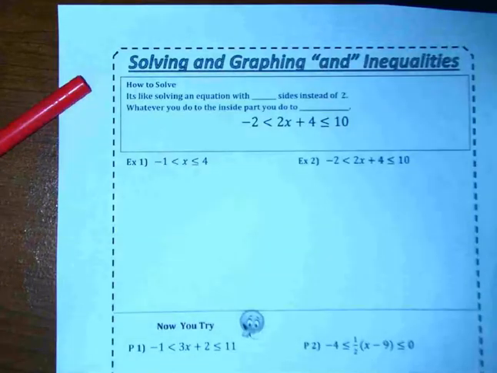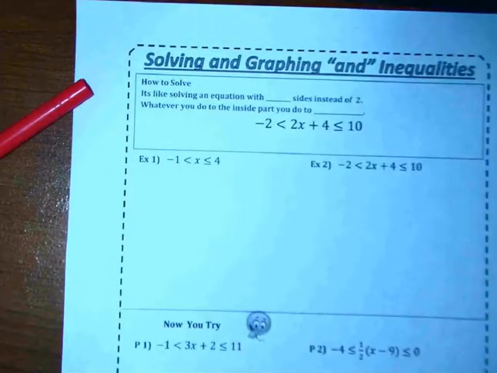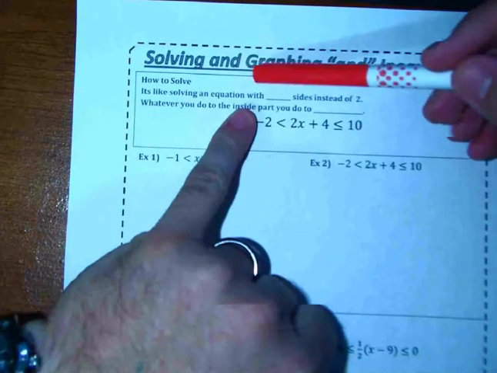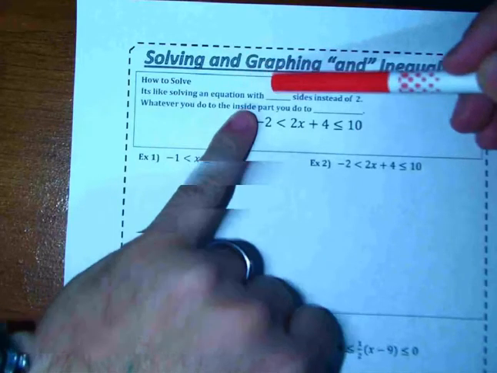Alright, so this is your lesson on solving and graphing the AND type of inequalities. Now, to solve them, it's like solving an equation with 3 sides instead of 2.